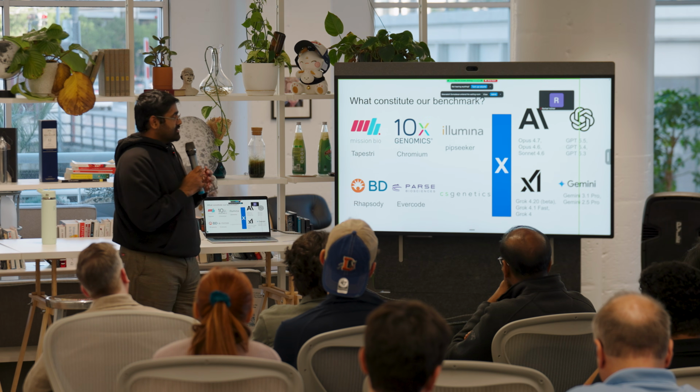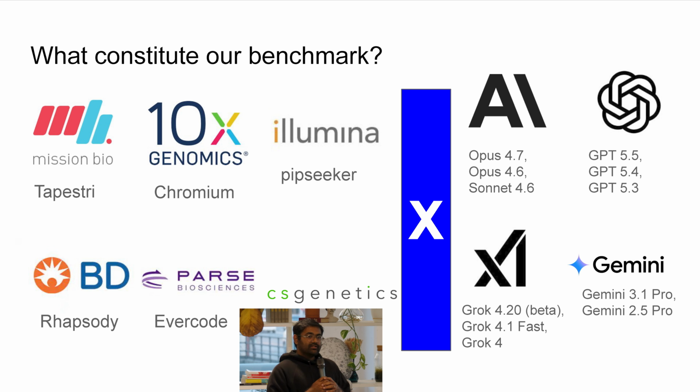So to that extent, we looked at a variety of single-cell data sets. We had single-cell DNA data from Mission Bio's Tapestri kit that also has a protein panel. And we had Chromium data, Illumina's PIP-seq data, which is single nuclei RNA-seq data, and data from BD Rhapsody, Parse Biosciences, Evercode, and CS Genetics, which is single-cell RNA-seq data.